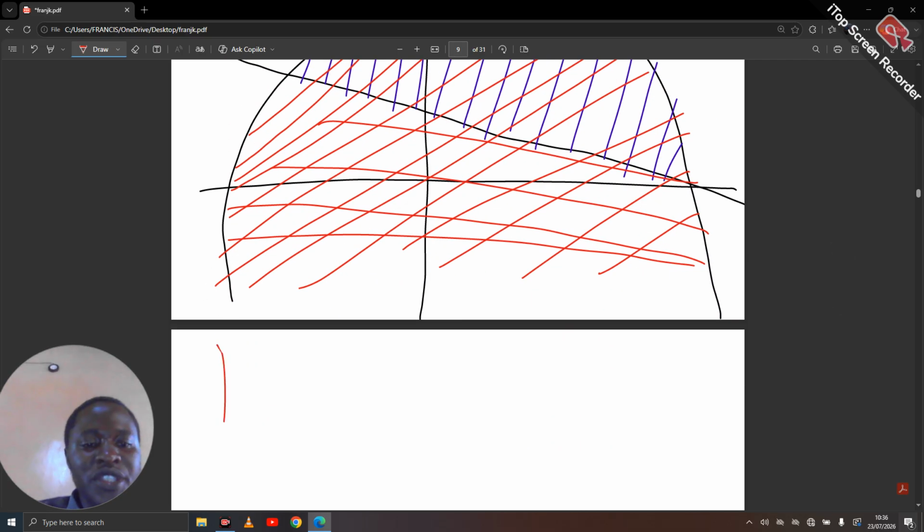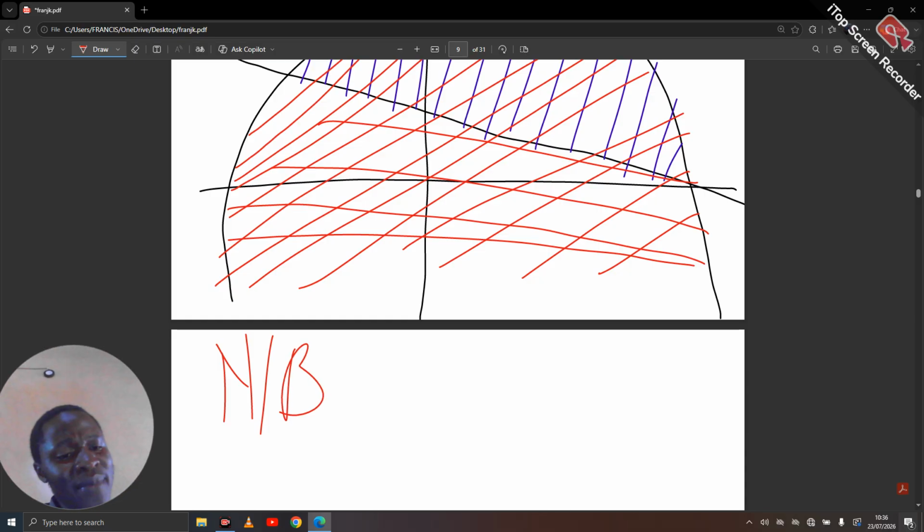I want you to note that to obtain the area of the part shaded, that is the green part, the portion of the whole curve, we subtract one function from the other, regarding who is at the top.